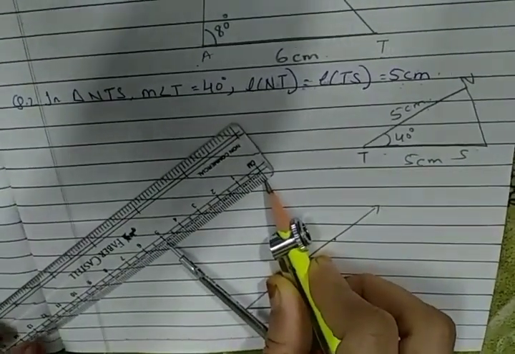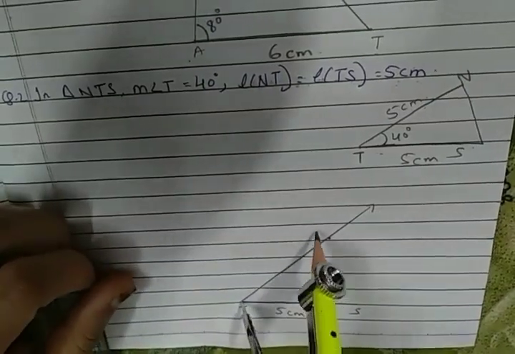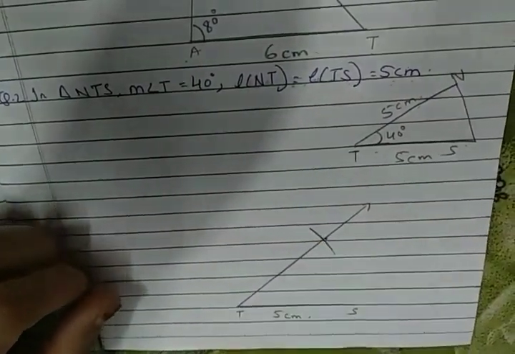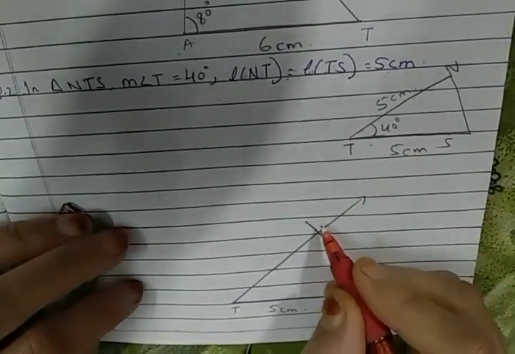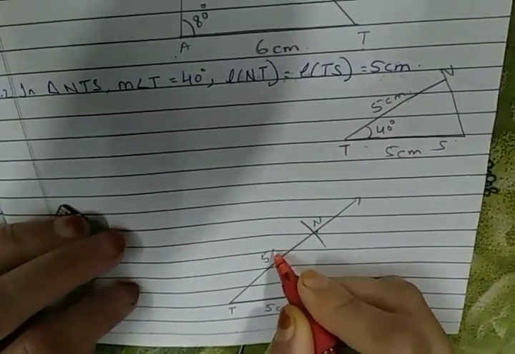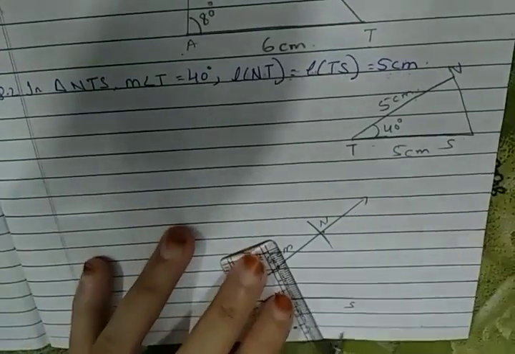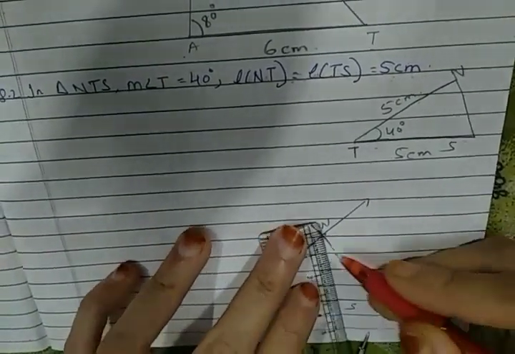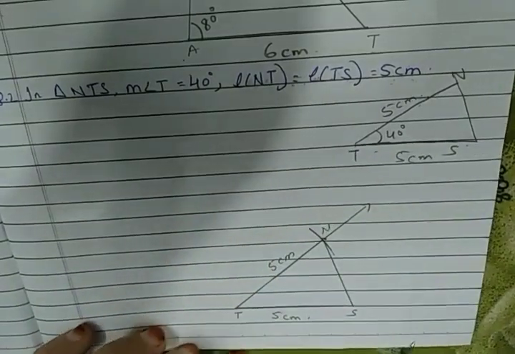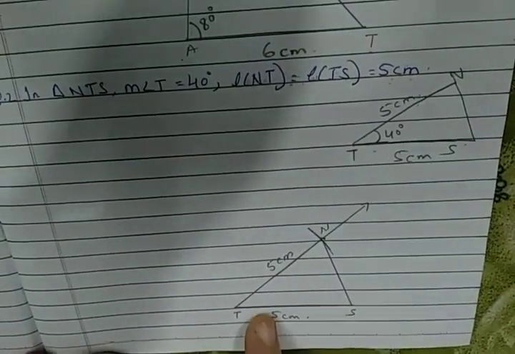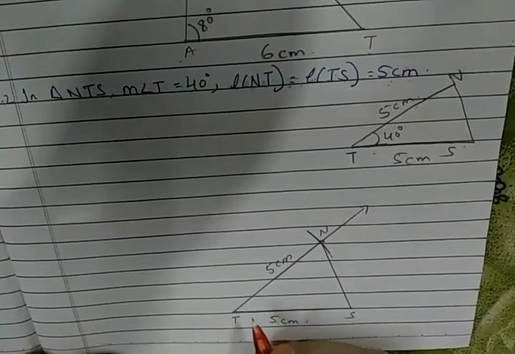Then make one arc like this, and the name of this point is N, and it is 5 centimeter. Now join this point with S. So here it is ready: triangle NTS.